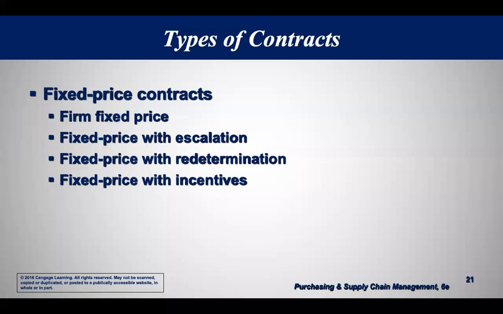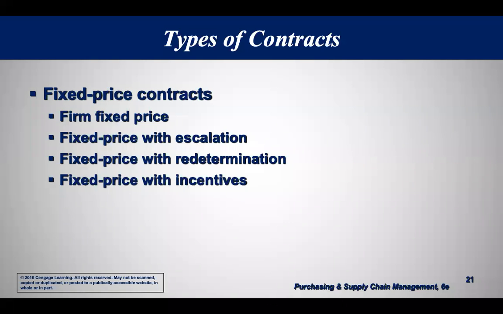The price goes up over time, and you define all that at the beginning. Fixed price with redetermination. It could be $500 for the first year, and then you say in the second year we will renegotiate. You still have a contract, but you've agreed to renegotiate the price, or redetermine the price, in the second year.